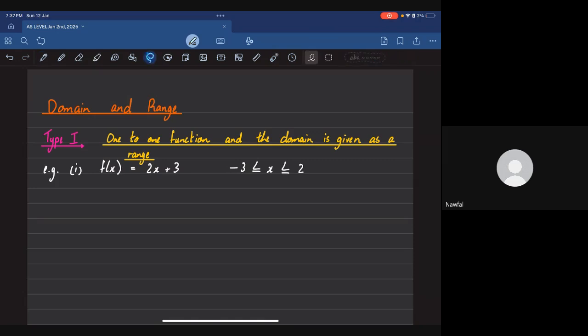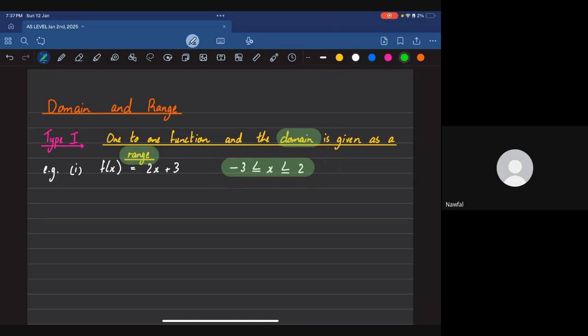Whenever some sort of x information is given to you, x is going to act as your domain. X is the input. So one thing is for certain, that this is my domain.